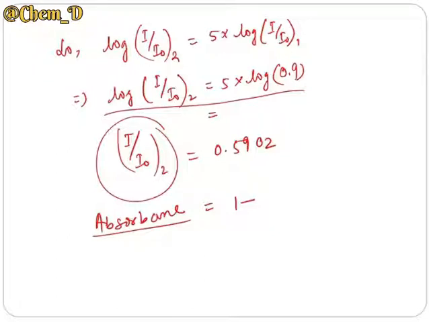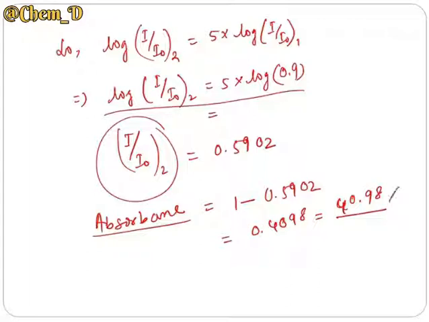So what amount of light is absorbed? For that we need to subtract it. Here we will get 0.4098. That means 40.98% of the light is absorbed. This is the answer.